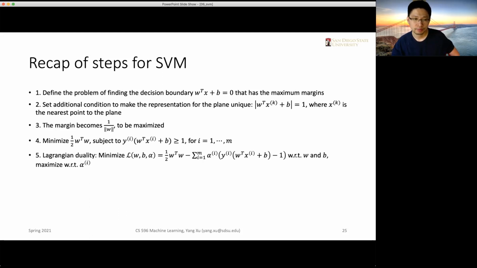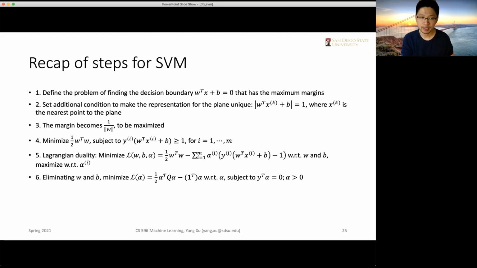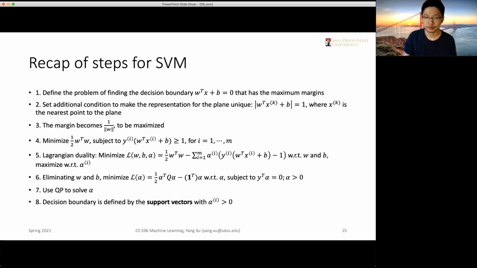And we construct the Lagrangian dual problem, okay? And we can eliminate W and B and only obtain this Lagrangian with respect to alpha, okay? And we can input this coefficient matrix Q into quadratic programming software to solve for alpha.